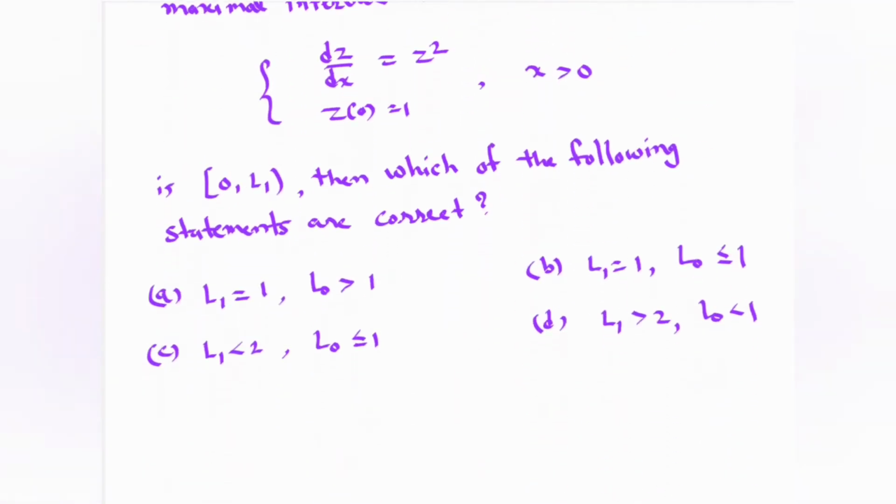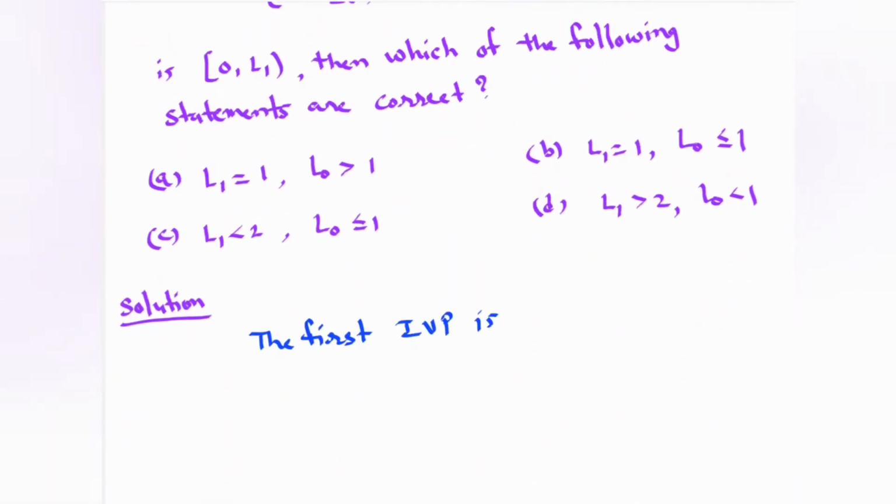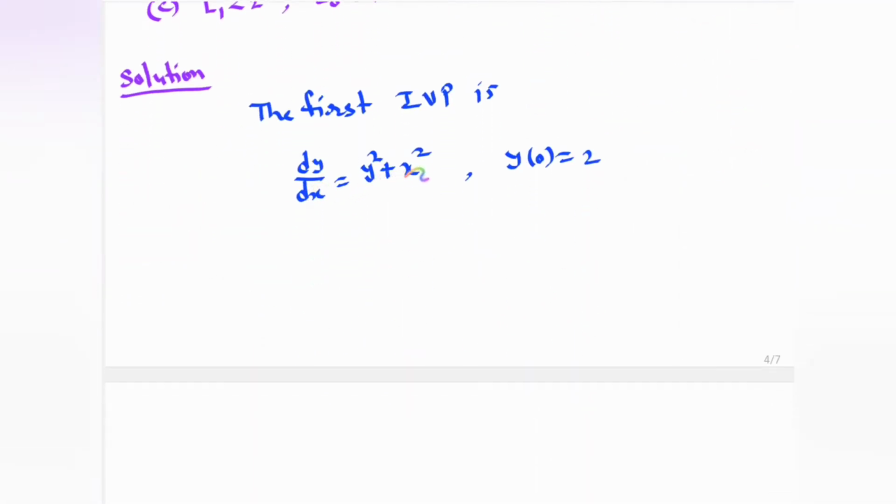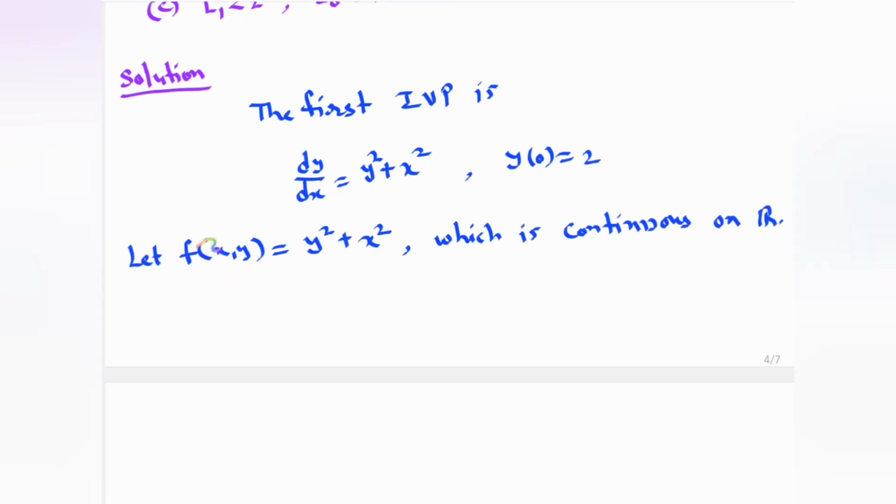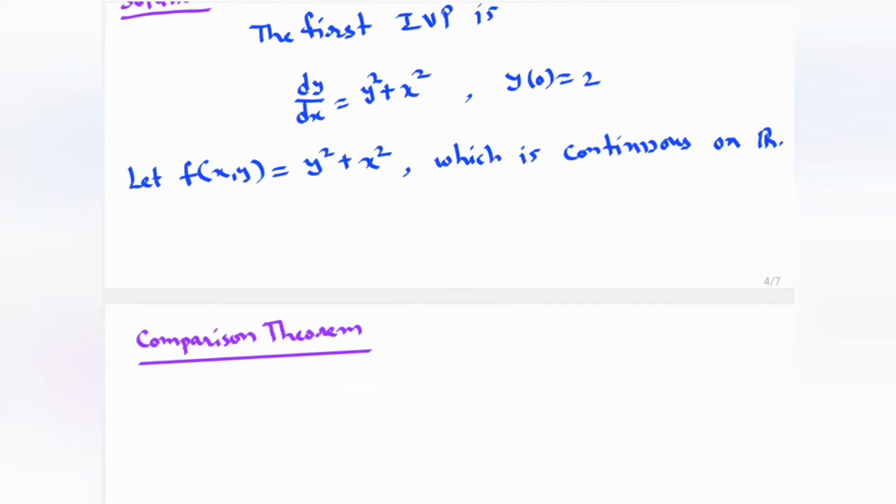So let's do it. The first initial value problem is dy by dx equal to y square plus x square, subject to the condition y0 equal to 2. We assume f of x, y as y square plus x square, which is a continuous function on all real numbers.